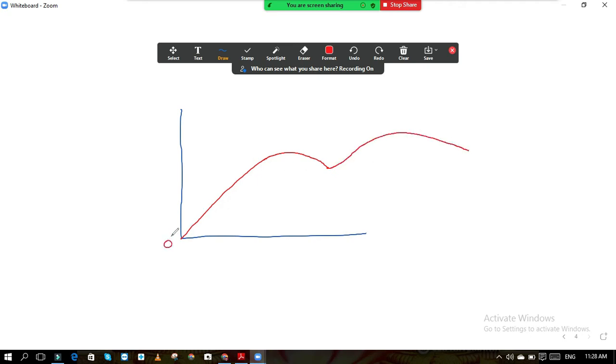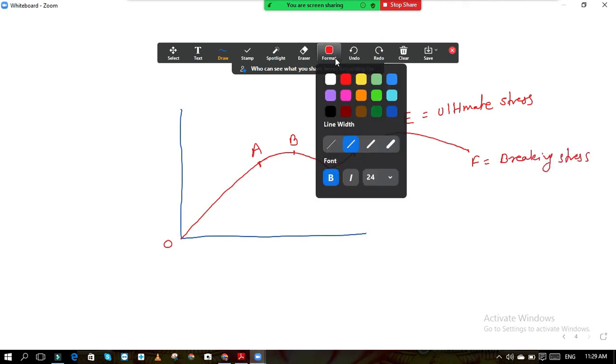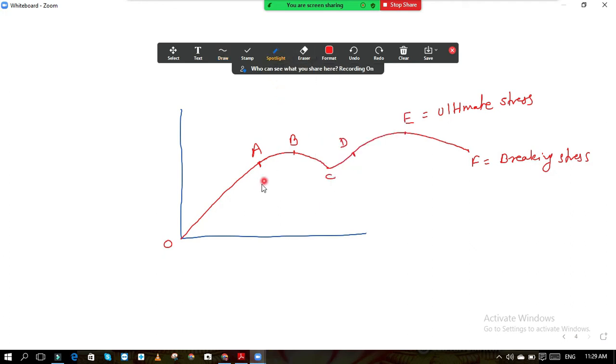Here it is O, then linear A, here point B somewhere, C, D neck formation, then E is the maximum point, and F. Here E is your ultimate stress, and here is your breaking stress. So what does the limit state method say? You can stress this material up to point E, up to the ultimate stress you can consider the strength of the material. That means the material will not fail up to this much stress.